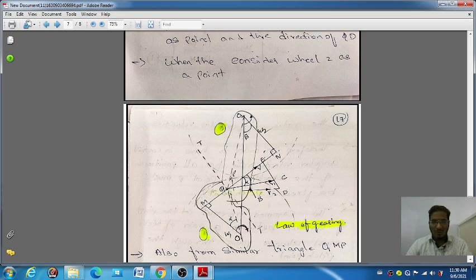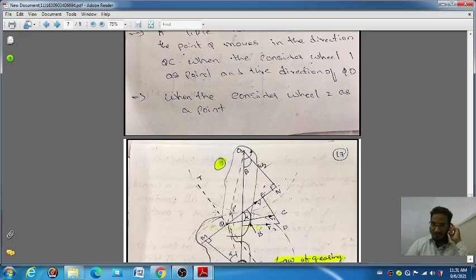Okay, this is your common tangent. MN is the common normal at this point, and this is your point of contact. Okay, O2 to N, and O1 to M. These are the two points of the line.